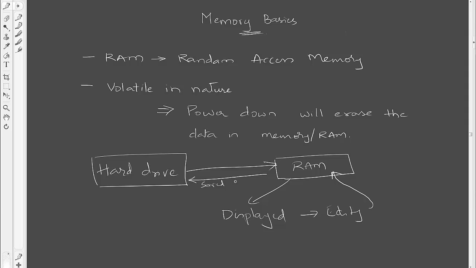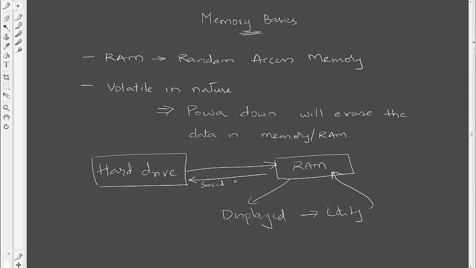Some tools, let's say for example Microsoft, now it automatically saves every few seconds or minutes, but in the past, it did not have that functionality. So primarily you have to hit the save button. That's when the information is written to the hard drive. So let me repeat it one more time real quick. When you load a document or anything that you try to access from your hard drive, it could be a music file, a movie, any document, Word document, Excel document, anything.